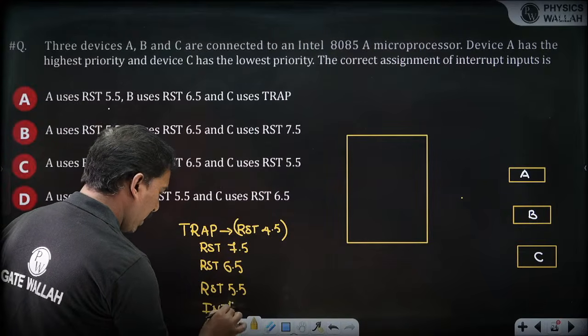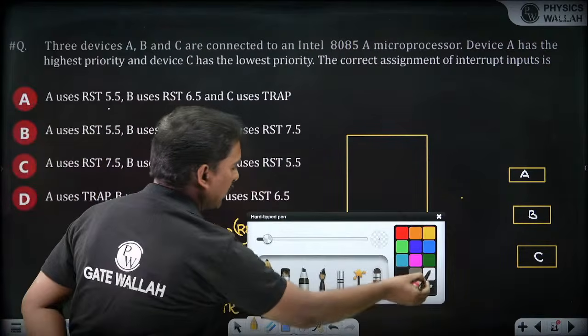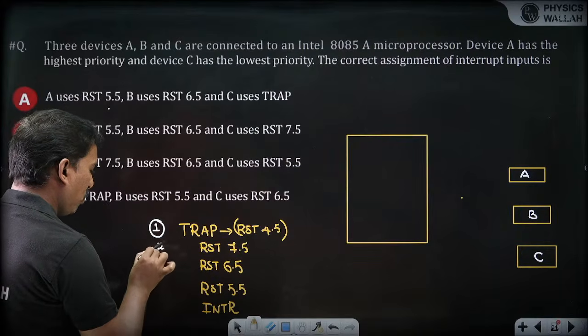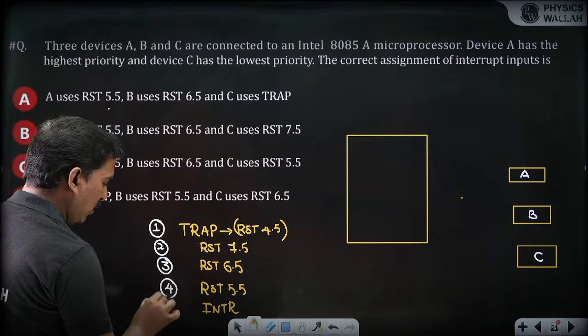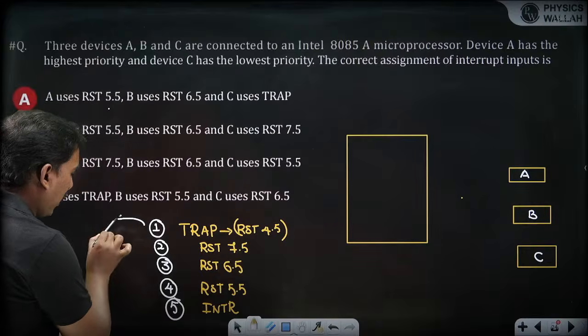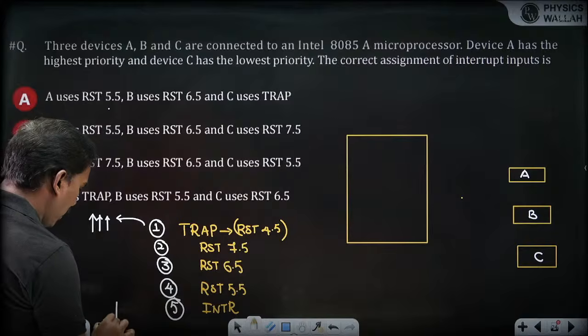So the highest priority is number 1, this one. RST 7.5 is number 2, 6.5 is number 3, 5.5 is number 4, and the least one is INTR. This is the very highest priority, and this is the very least priority.